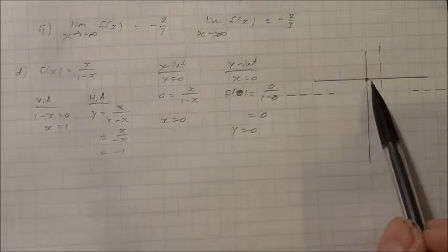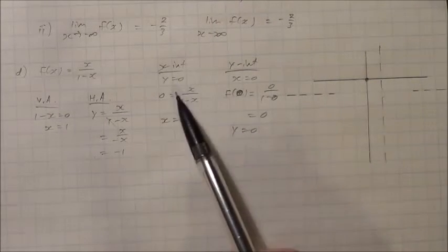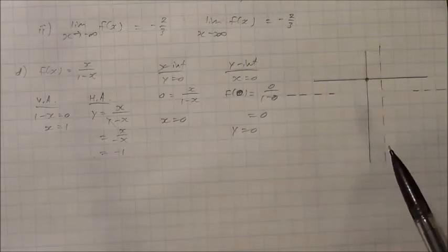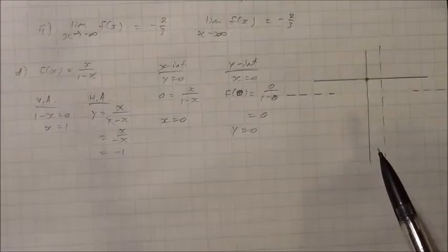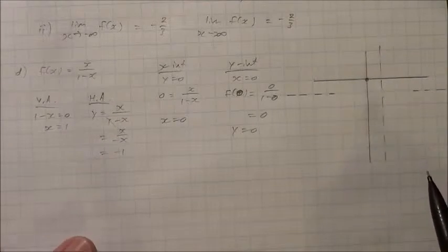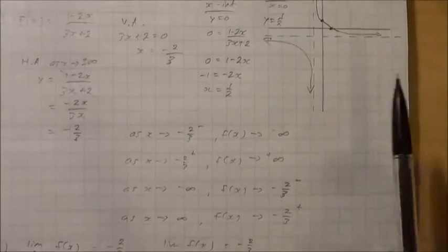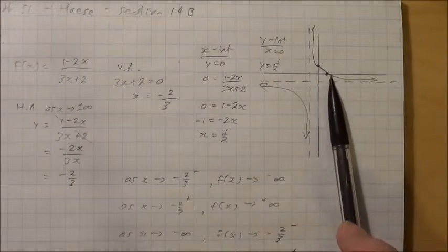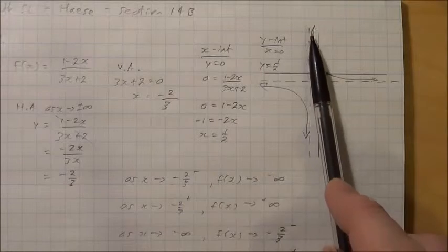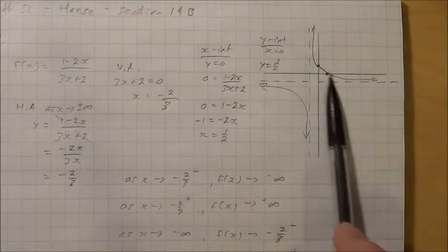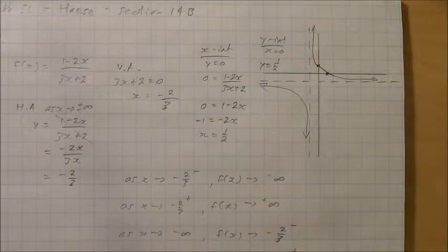Now here, because the x and y intercepts are the same values going through the origin, we have a hard time really getting a good idea of where the graph is going to go. If I look back at this example here, we see that the x and y intercepts are situated such that we can kind of see where the graph will go just by following through those two intercepts.